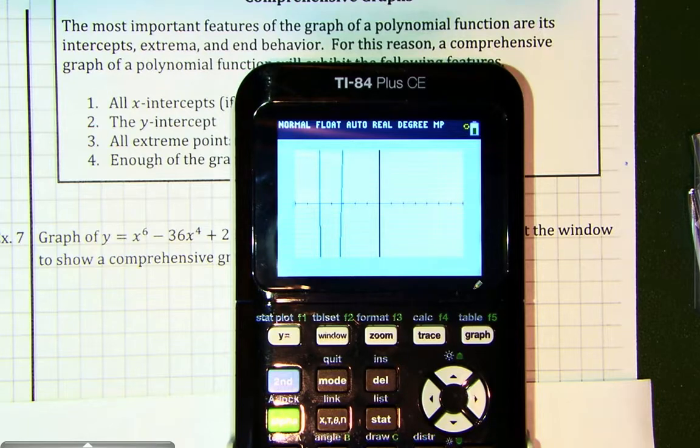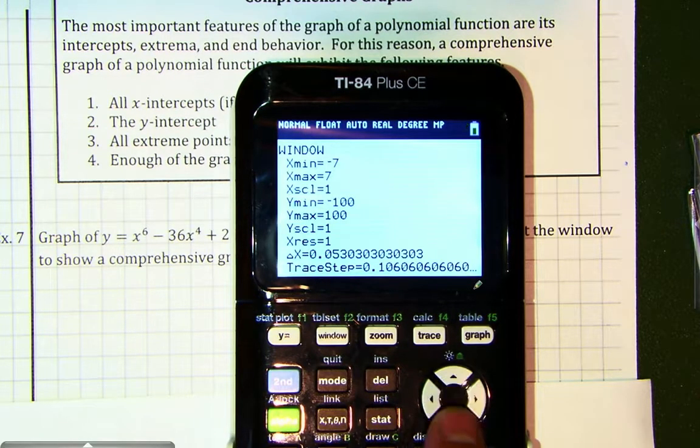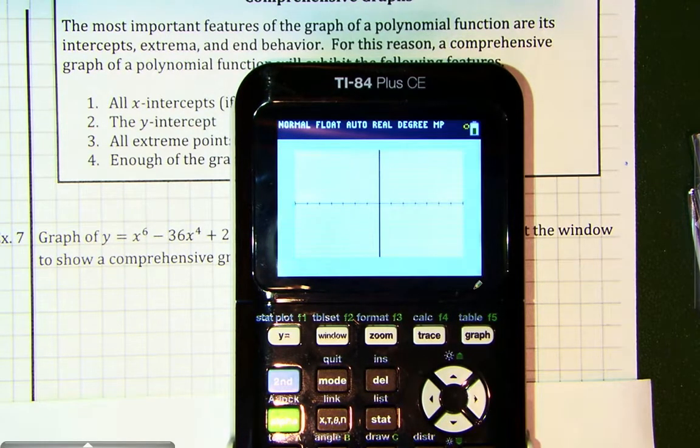That's not good enough. So we have to wait until it's done. So let's increase the y values. Window, let's do 200 and 200. Still not good enough. That's getting better, right? We can still see it. So let's do 300.